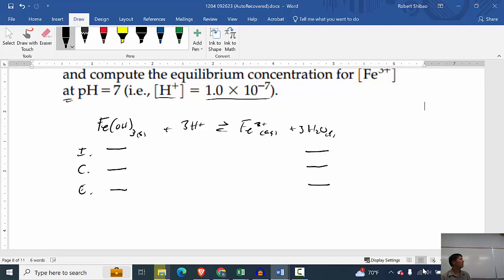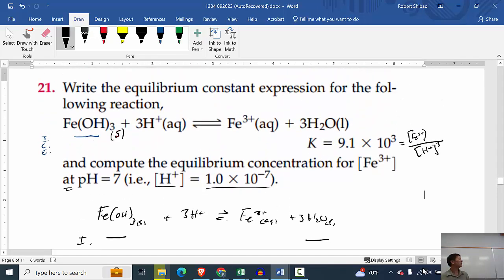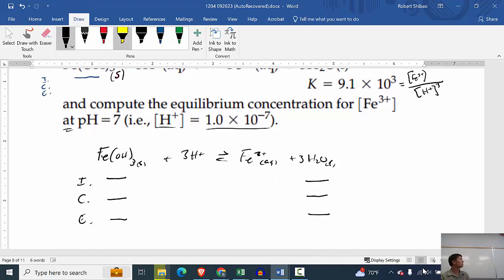And so we just need to fill in the rest of the table here. Now, the rest of the table is: compute the equilibrium concentration for iron 3 plus at pH 7. So this pH 7, the H plus, is that initial or is that equilibrium? This is the question we have to answer here. I or E?